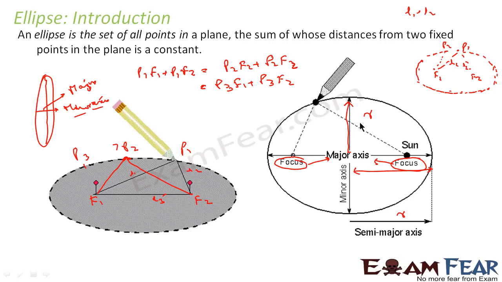This length is called semi-minor radius because this is the minor axis. This is R minor and this is R major. Got it? Major axis is the longer axis and the focus always lies on the major axis. Half of major axis is called semi-major axis and the length is called semi-major radius. Half of minor axis is called semi-minor axis and the length is called semi-minor radius.